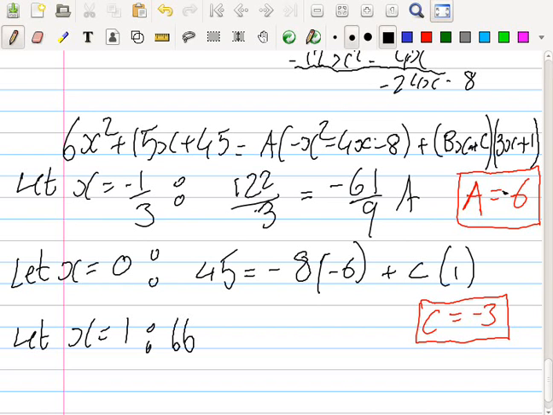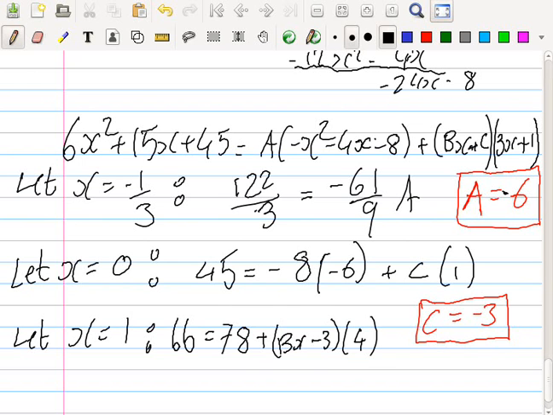Minus 8 minus 4, that's minus 12. Minus 1 is minus 13. And then 13 times the 6 is equal to 78 plus bx minus 3, because that's the c, and then x is 1, so that's a 4 at the end.